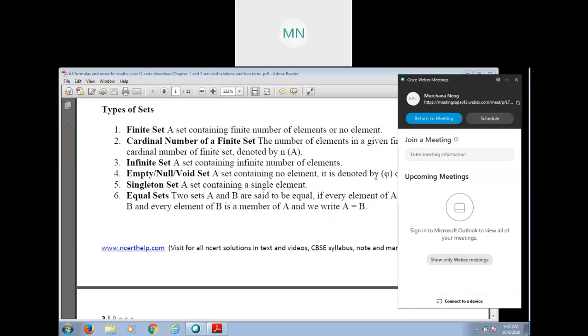Cardinality means the number of elements of that particular set. Suppose A is a set that contains the elements 1, 2, 3, 4, 5. Then the cardinality of A is what? 25? How can you say it is 25? Cardinality means the number of elements of that particular set.